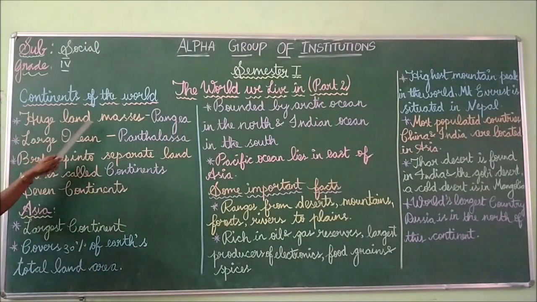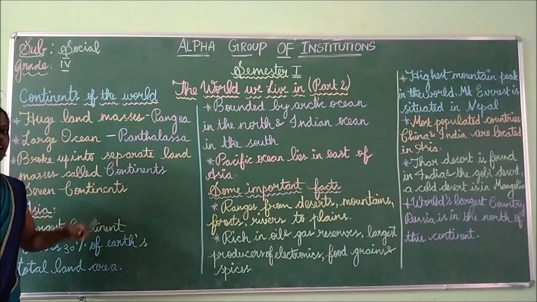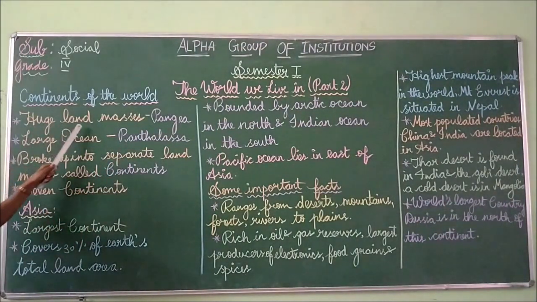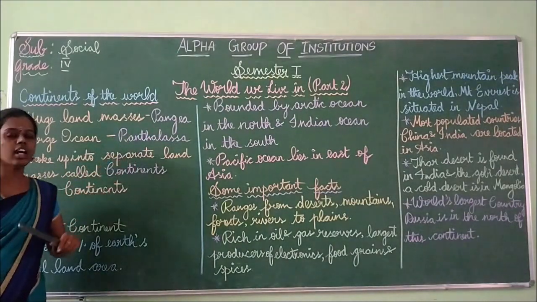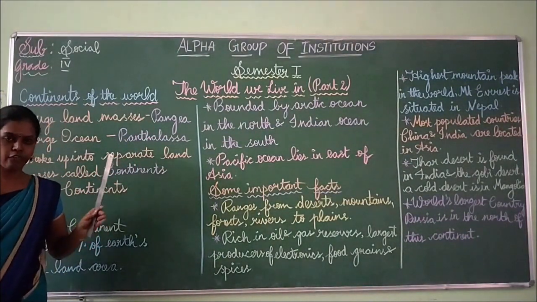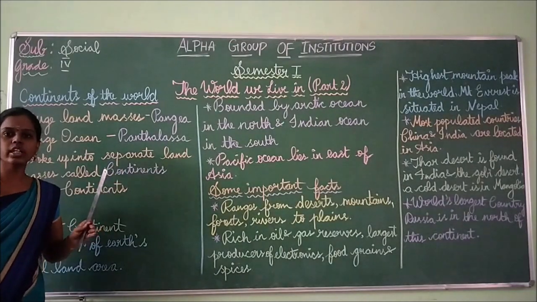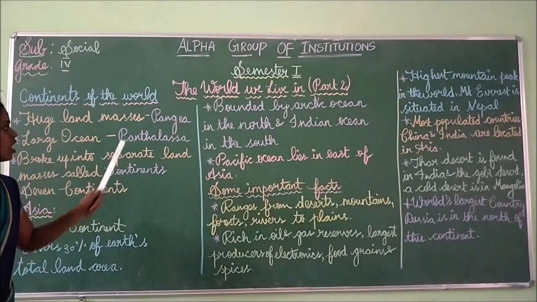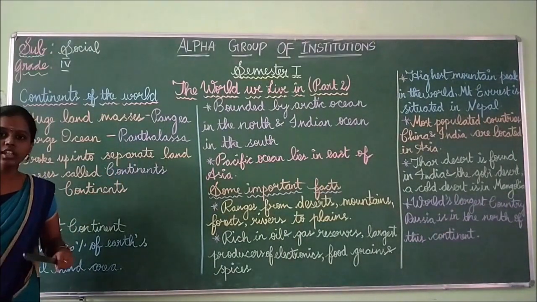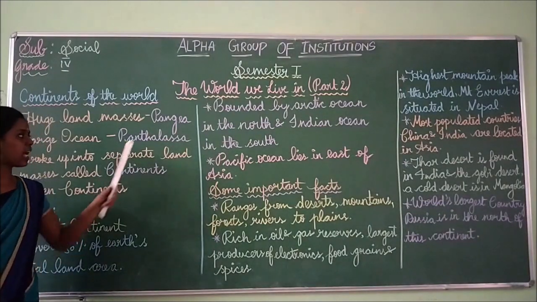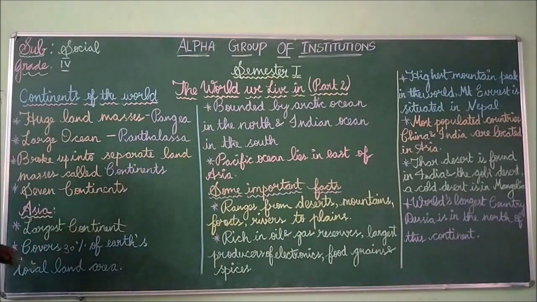See, huge land masses called Pangaea. These are some of the terms in social studies. The world was a whole land mass, and that huge land mass is known as Pangaea.